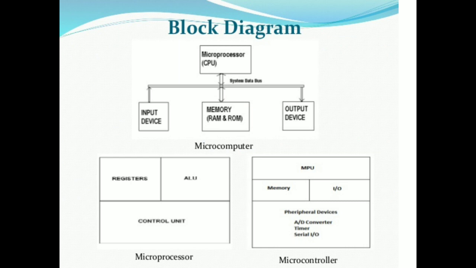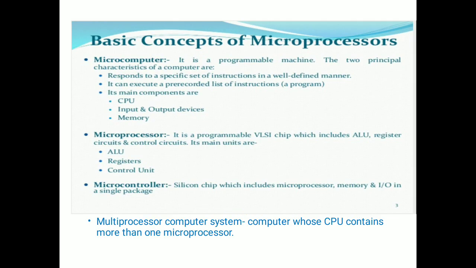A digital computer in which one microprocessor has been provided to act as a CPU is called a microcomputer. A desktop computer and portable or mobile computers like laptops, notebook, palm top, etc. contain one microprocessor to act as a CPU, and hence they come under the category of microcomputer.